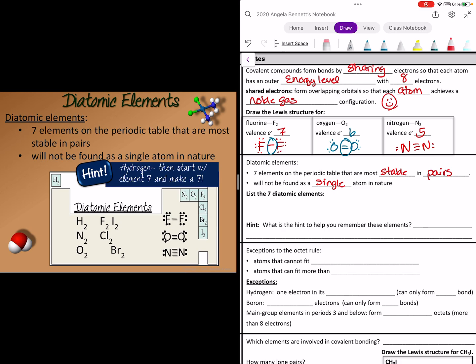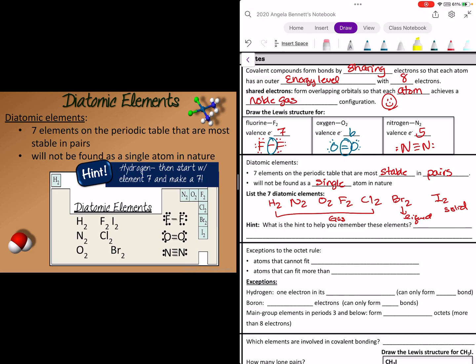So make sure you know the diatomic 7: hydrogen gas, nitrogen gas, oxygen gas, fluorine, chlorine. These are all gases at room temperature. Bromine is a liquid, and iodine is a solid. You don't really need to know that; I'm just sticking it in there. Those are your diatomic 7.